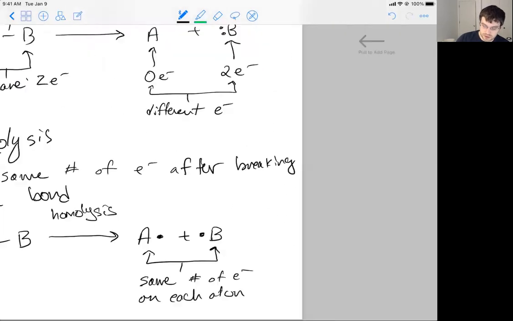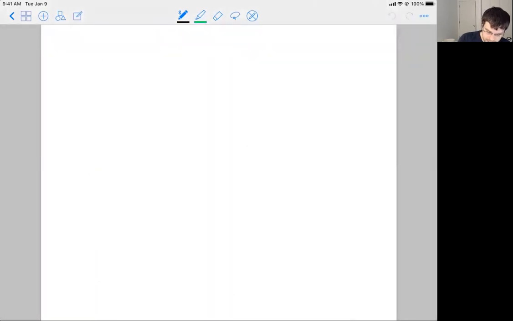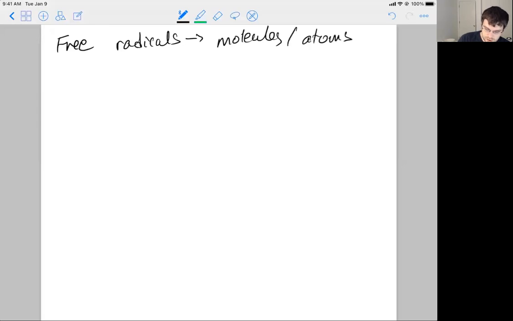And that brings us to a new topic in the course called free radicals. So free radicals are molecules and atoms where at least one element has an unshared, that means unpaired, valence electron.